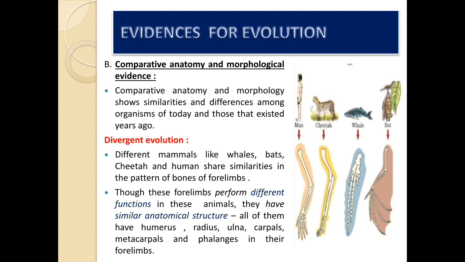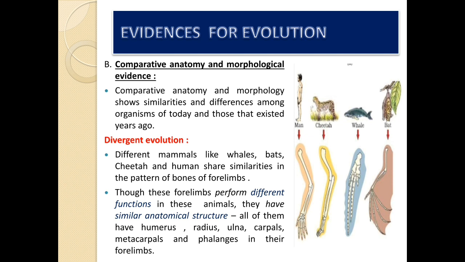Then they also have carpals on the wrist, then metacarpals, then phalanges on the fingers. Like us, they also have this whole structure. That means anatomically all these organisms are similar, their internal structures are similar, but they perform different functions.